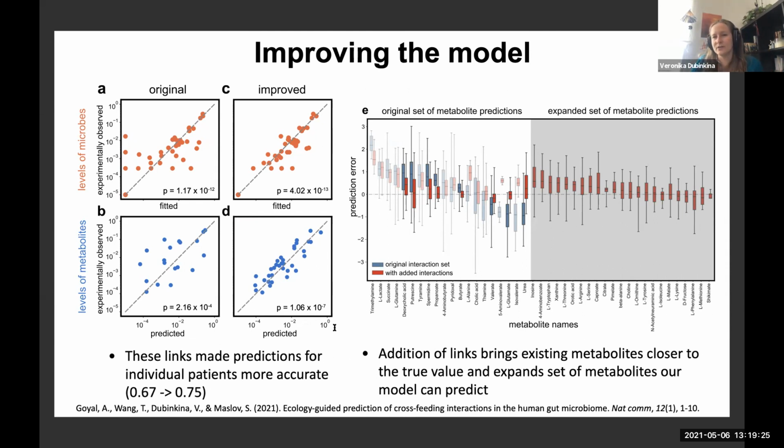And here on the right, you can see that we expanded the list of metabolites about 2 times, and we can predict them reasonably well.